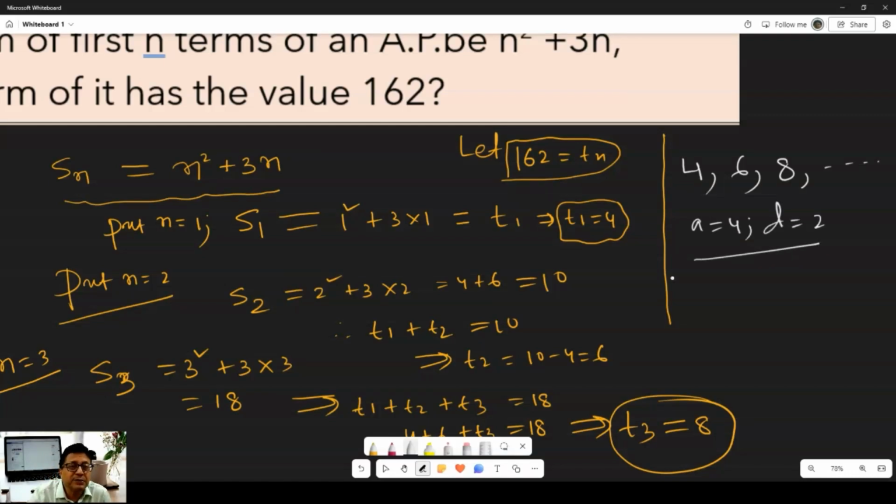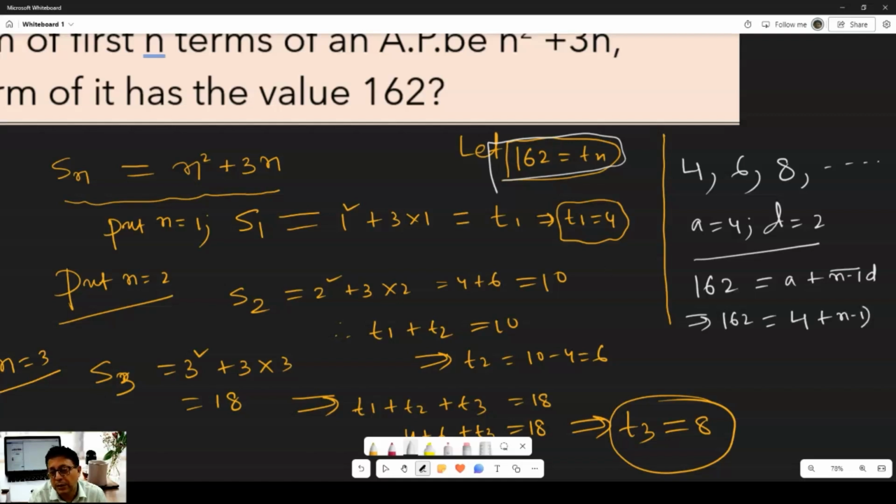Now if they have asked you which term of it has value 162. So 162 equal to A plus n minus 1 into D. I have assumed let 162 be Tn. Put the values of A and D there. A is 4, n minus 1 into 2.